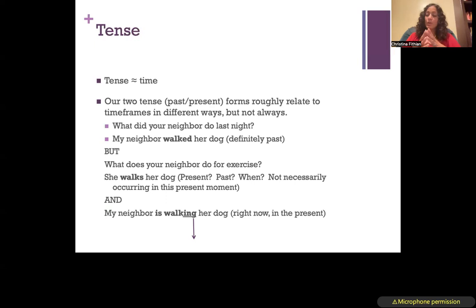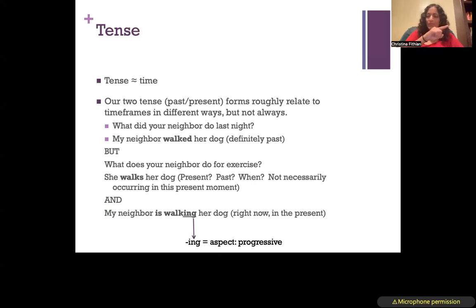If we really want to express something that's happening right here, right now, then we're going to use the is walking her dog construction here. So this ing form, walking, expresses another aspect. And this is what we call progressive aspect.